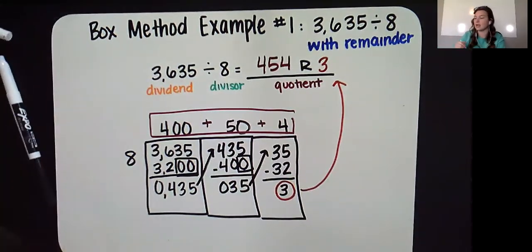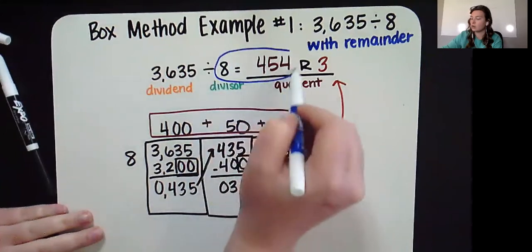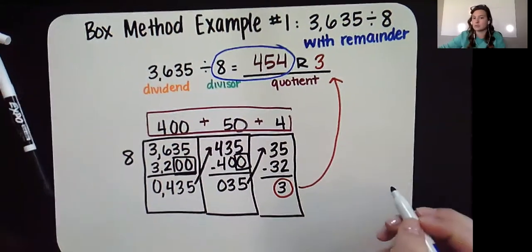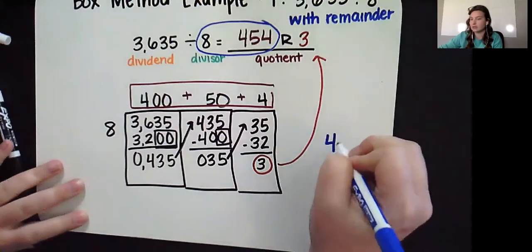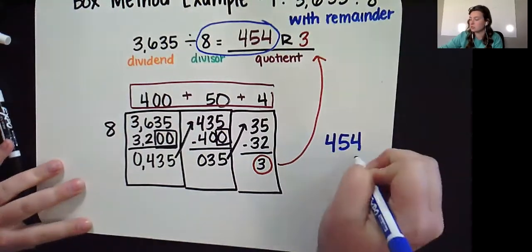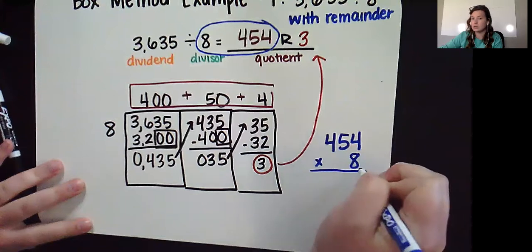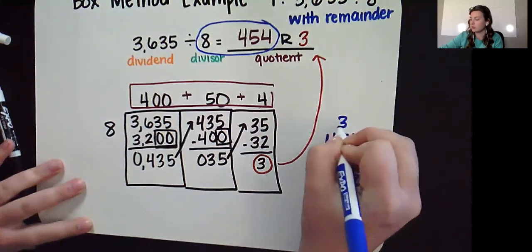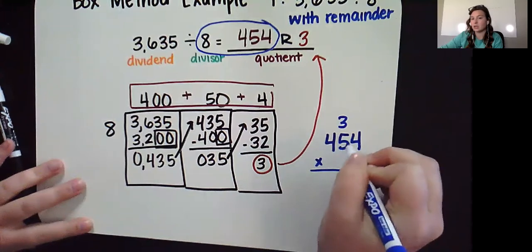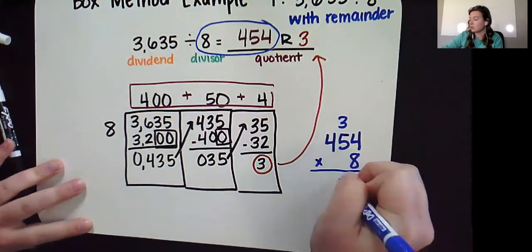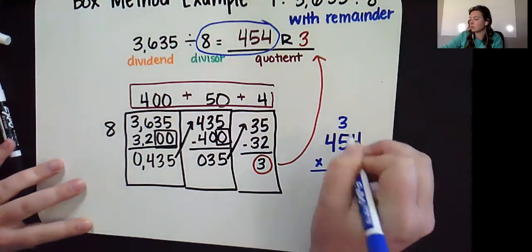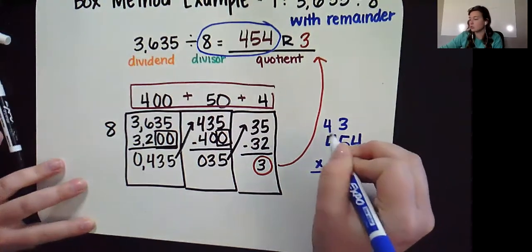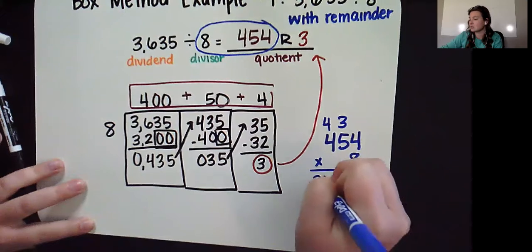Now let's check that again. And remember, we can check by multiplying our quotient and our divisor together and then adding the remainder. So let's do 454 times 8. 8 times 4 is 32. 2 goes down, 3 goes up and over. 8 times 5 is 40, plus 3 would be 43. 3 goes down, 4 goes up and over. 8 times 4 is 32, plus 4 would be 36.